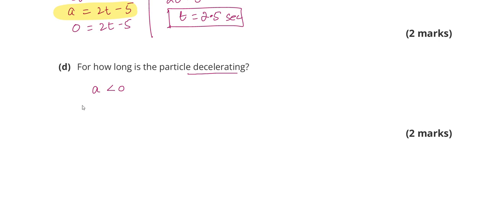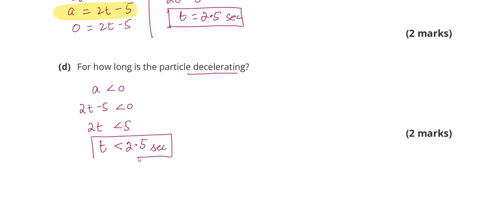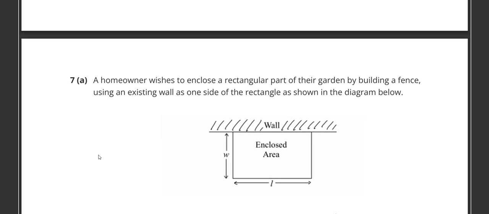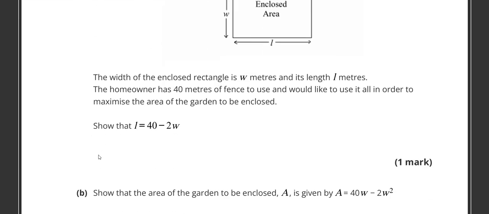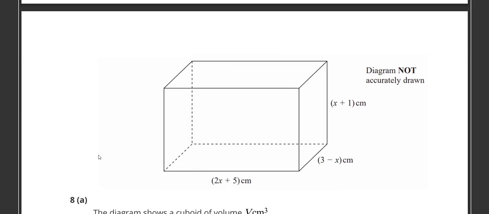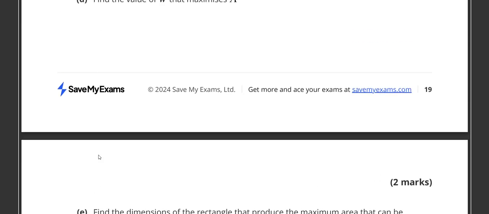So we will write down that 2t minus 5 is less than 0, and 2t will be less than 5, and t will be less than 2.5 seconds. You understand? Yeah, I understand. Okay, so in order to solve questions like this, you just need to know the meaning of the given statements.